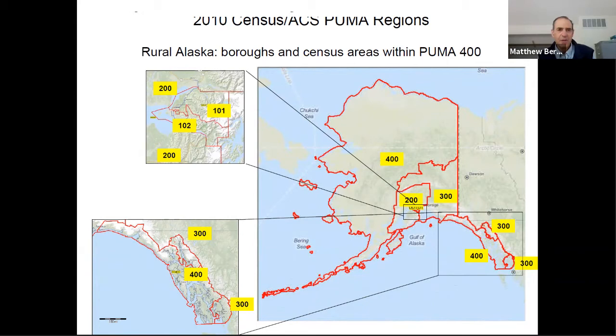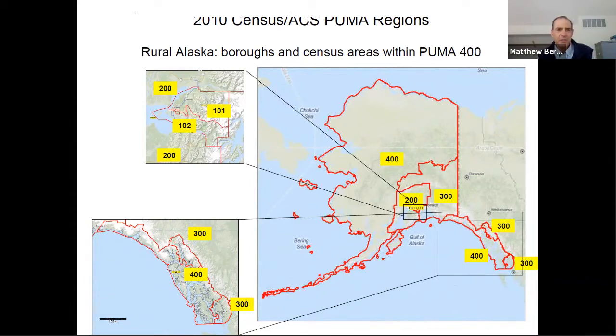In rural Alaska, PUMA 400 is not connected by road. That's important. It's not connected by road to any other part of the state. So you can't drive there, and it means that mobility is a little more complicated. Basically you're flying back and forth. In the southeastern Alaska part of PUMA 400, people can take a ferry.